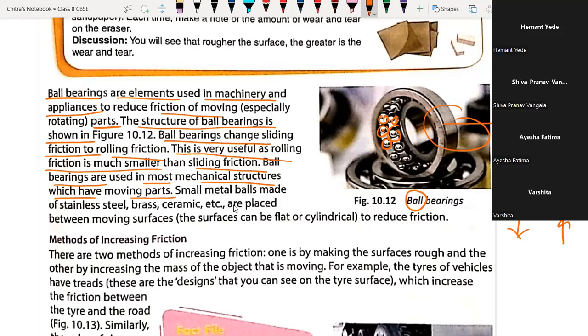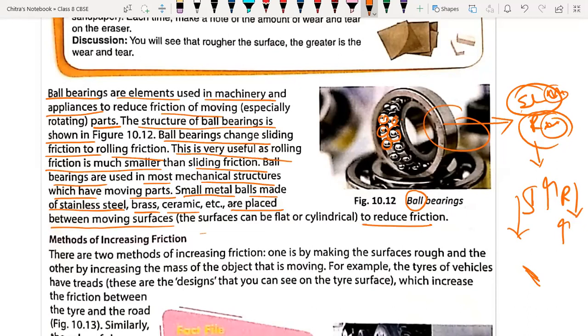If parts are moving or sliding over each other, we can use bearings. Small metal balls made of stainless steel, brass or ceramic can be placed between moving surfaces to reduce the friction, because sliding friction can be converted into rolling friction by the ball bearing.